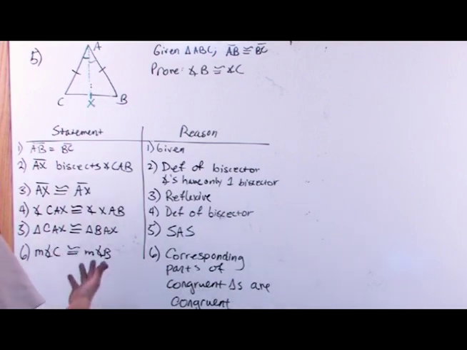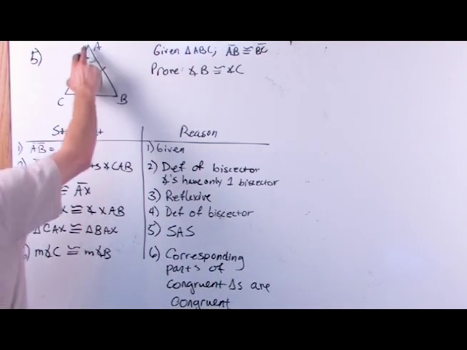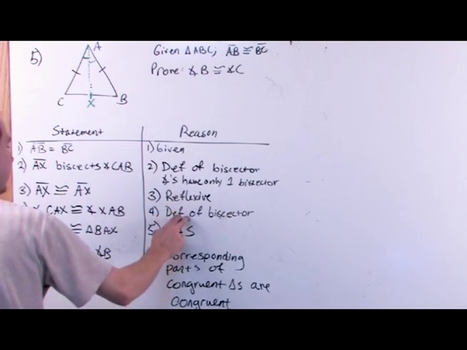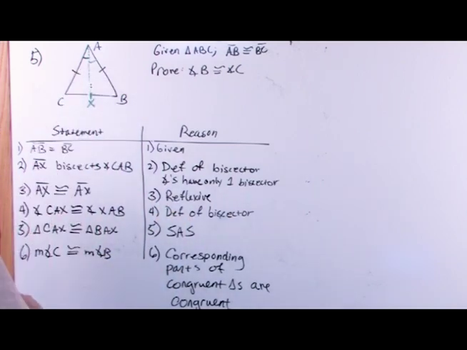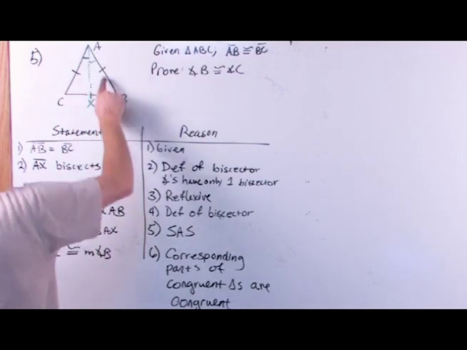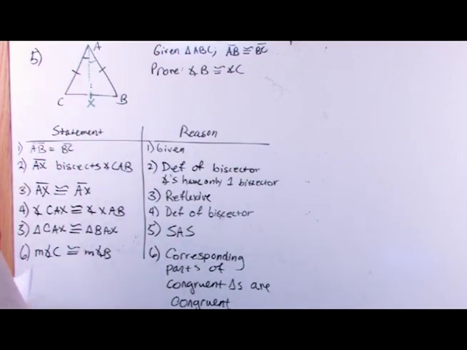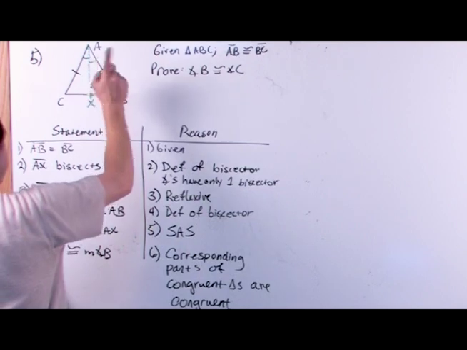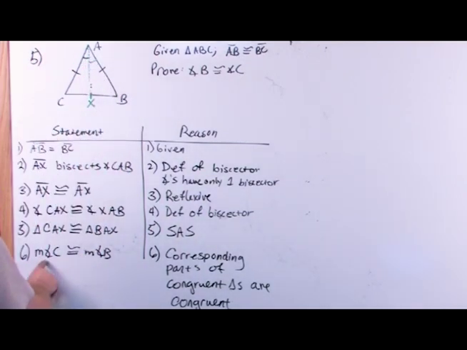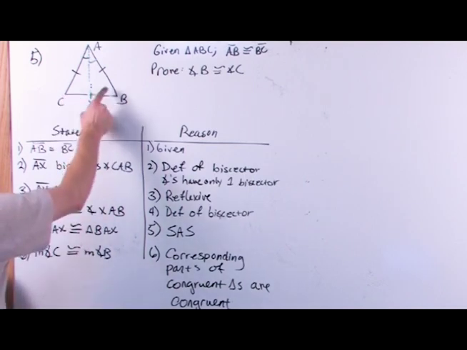So I needed to show that that side was the same, so I could use the side angle side postulate later on. Now this angle is the same as this angle up here because of the definition of the bisector, and that was going to be important later on. And then I proved that this triangle CAX is the same as this triangle BAX, because of the side angle side postulate, being congruent to this side, this angle, and this side. And then the corresponding parts of the congruent triangles are always congruent.